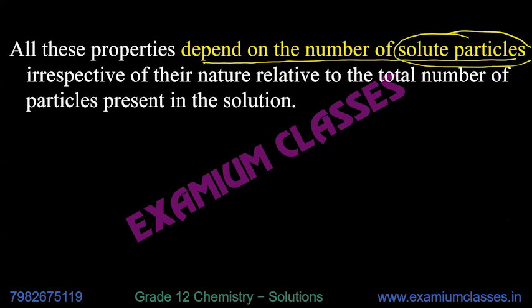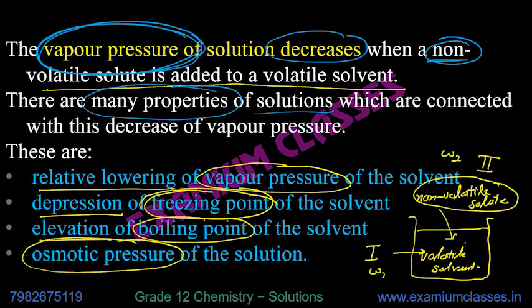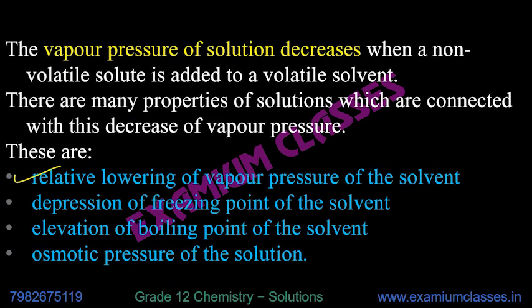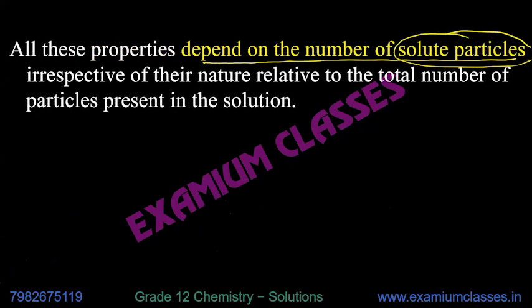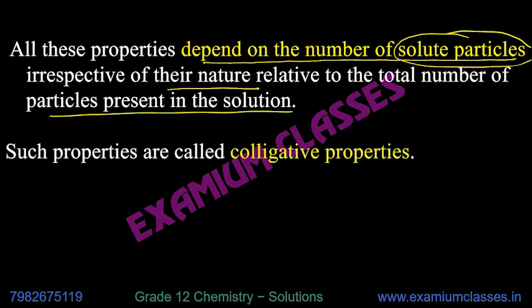So all these properties, relative lowering in vapor pressure, depression of freezing point, elevation of boiling point, and osmotic pressure of the solution, depend on how many molecules of the solute are added, irrespective of their nature, relative to the total number of particles present in the solution.